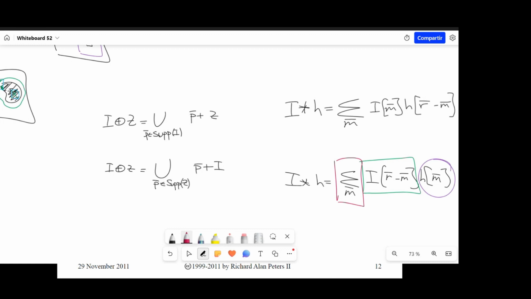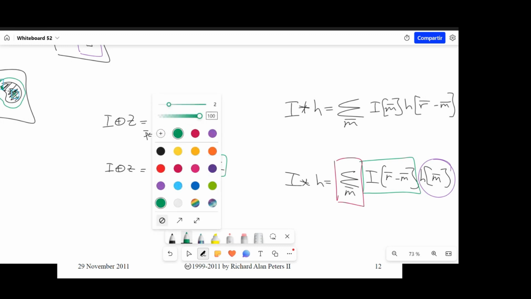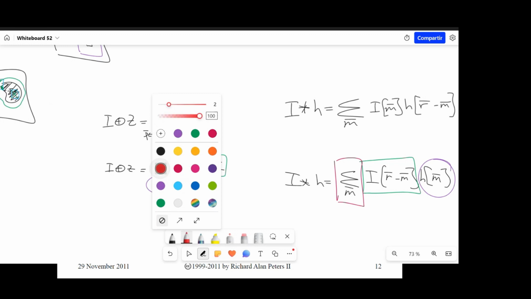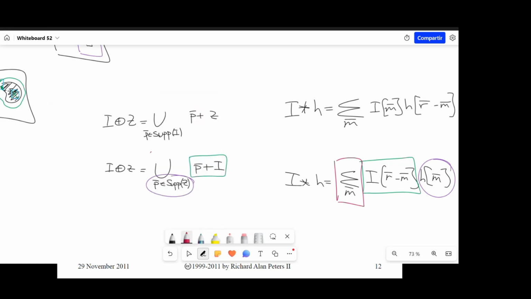So here, the image is also moving. It is moving to the locations where the kernel is different from 0. And you are moving all those images, and then you are gathering all that information into a single image. So it has the same structure as the convolution, only that now we are making it with sets.